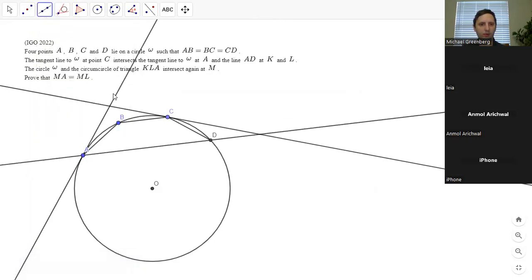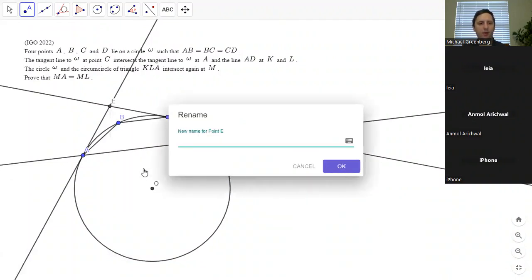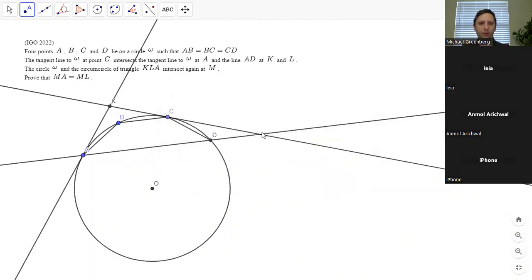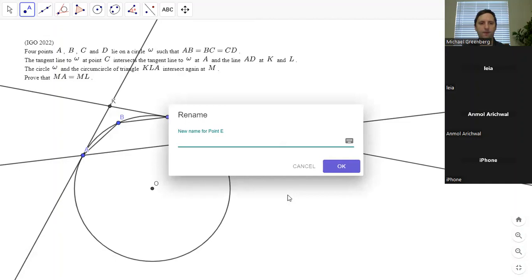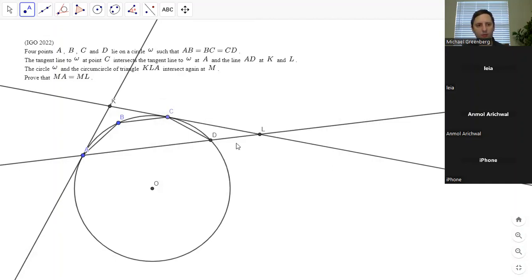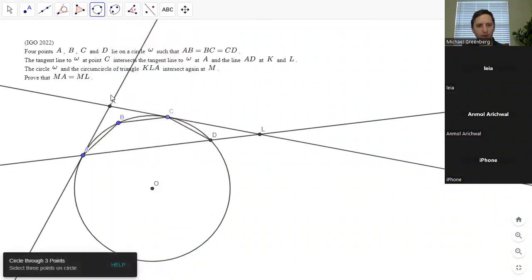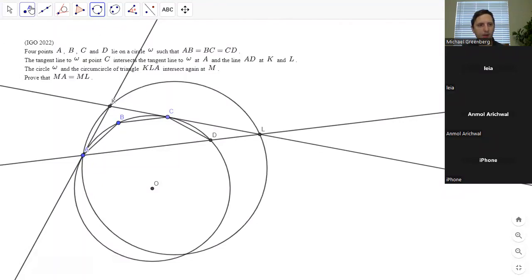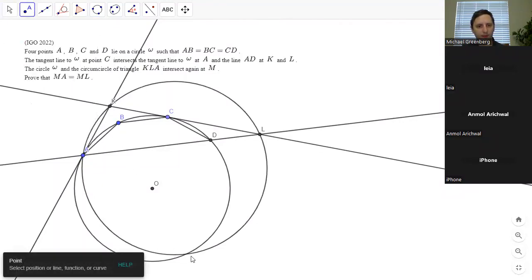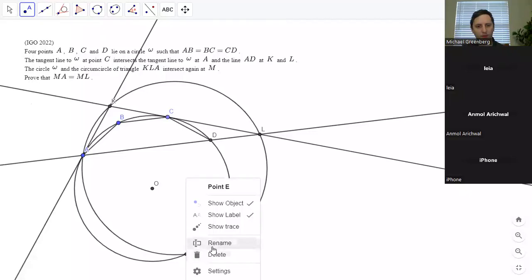And these 2 points are K and L. So this should be K, and obviously we have KA equals KC. And this is L. And then the circle omega and the circumcircle of triangle KLA intersect again at M. And we want to show that MA is equal to ML.